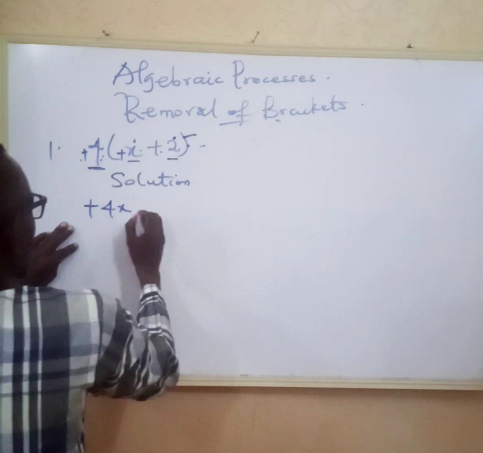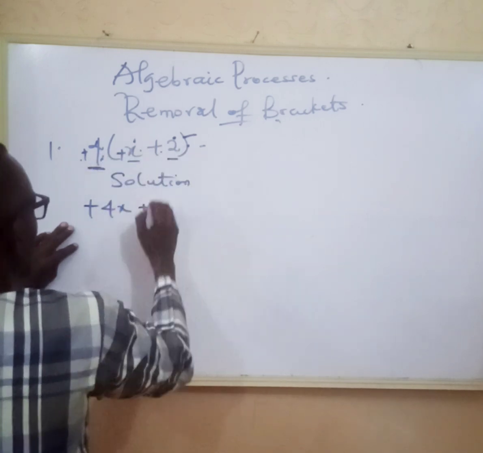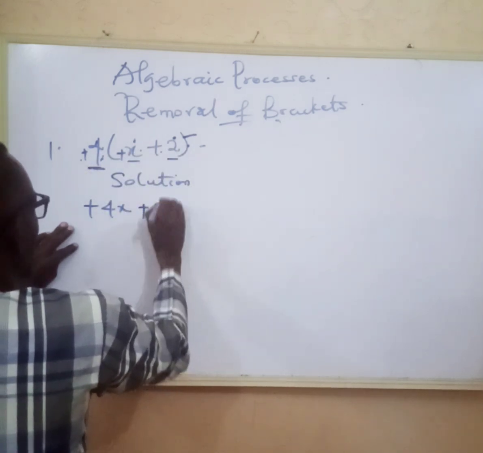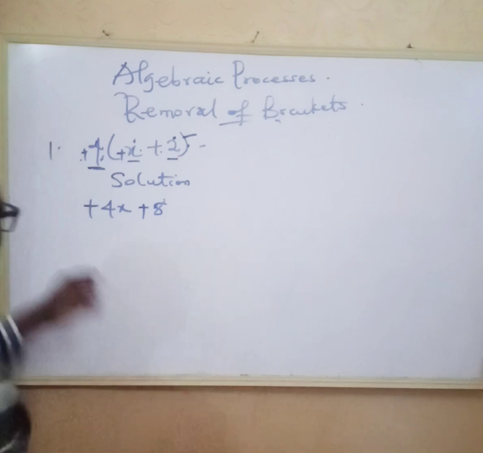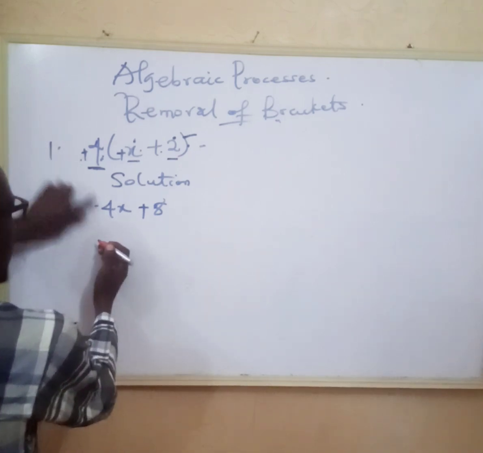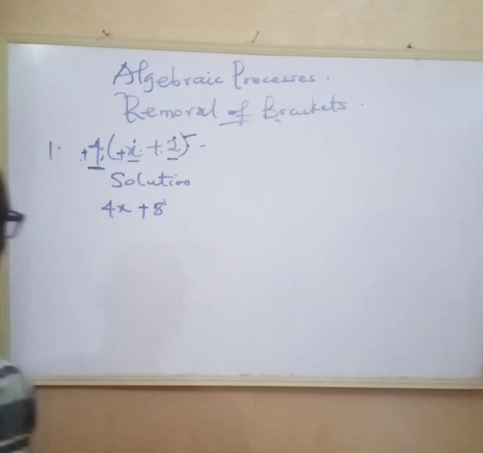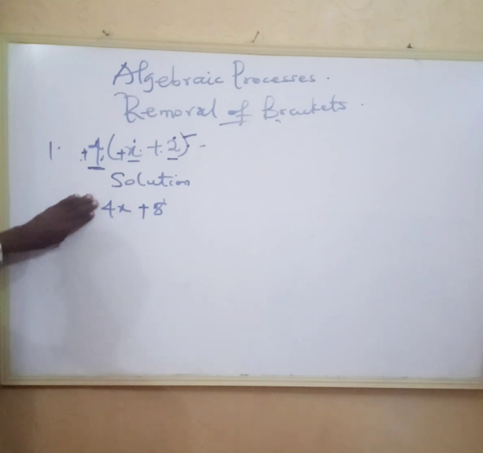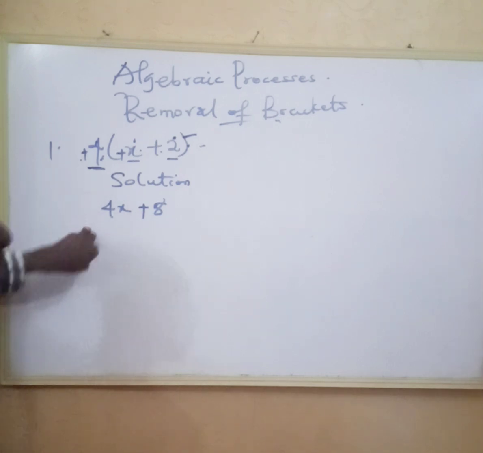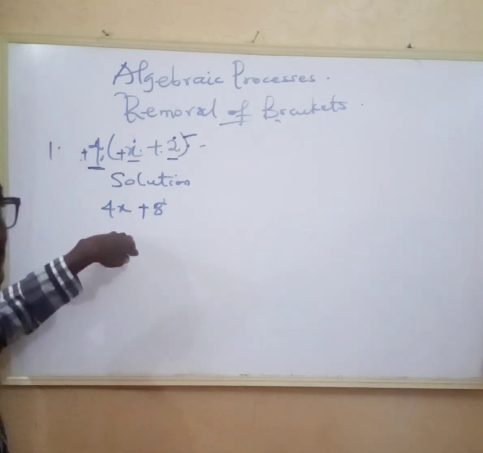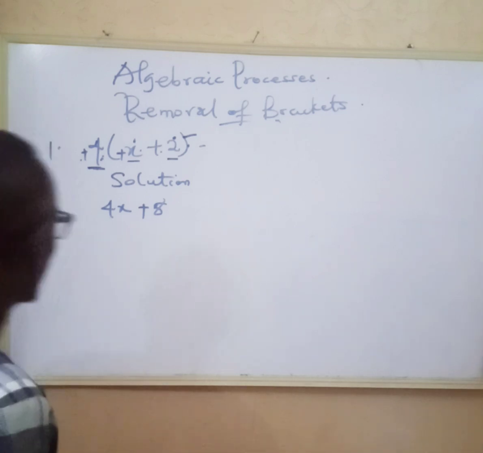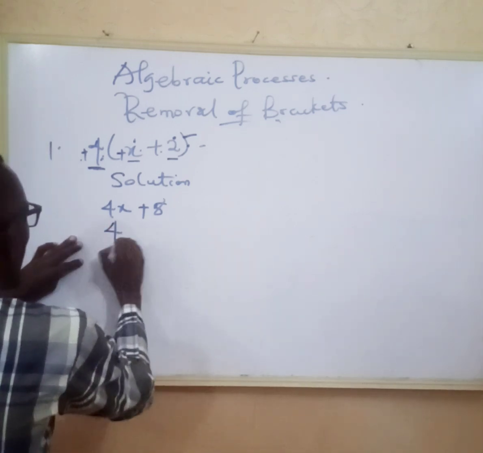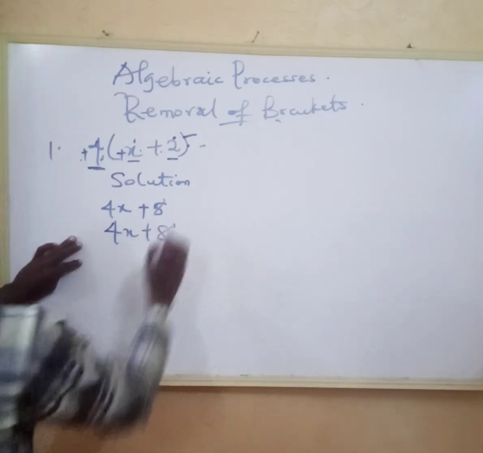Plus times plus is plus. 4 times 2 is 8. And recall that when our 4 is positive, which is an operator, we do not have to put it if it is the starting term in that expression. This is now 4s plus 8.